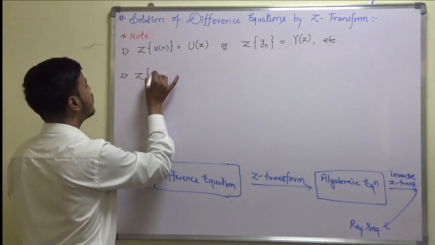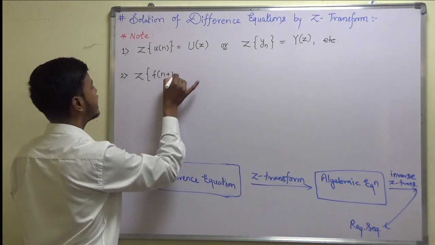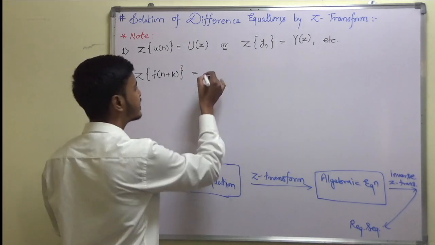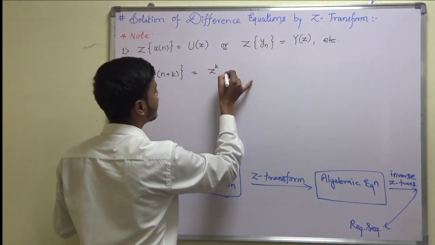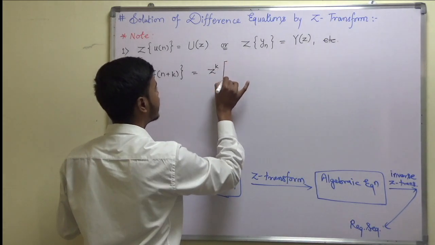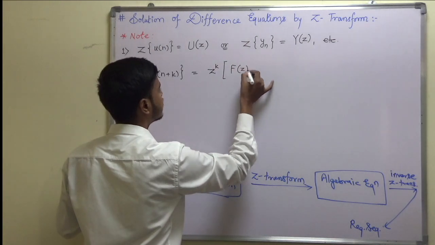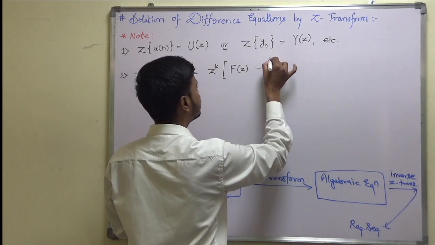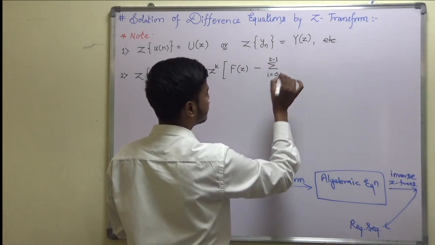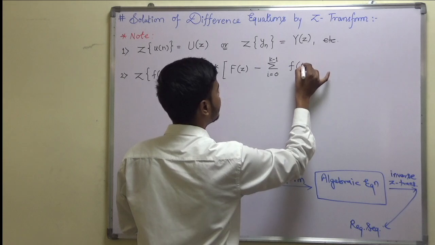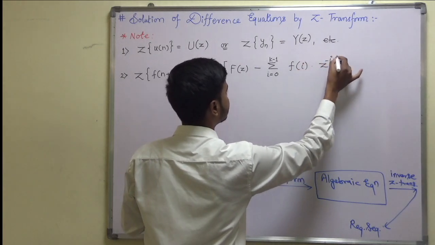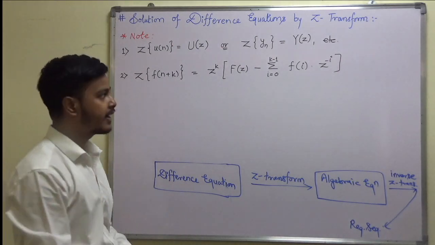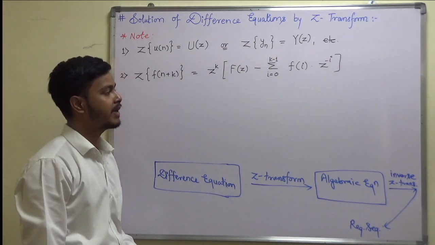Z transform of f of n plus k is equal to z to the power k into F of z minus summation i is equal to 0 to k minus 1 f of i into z power minus i.